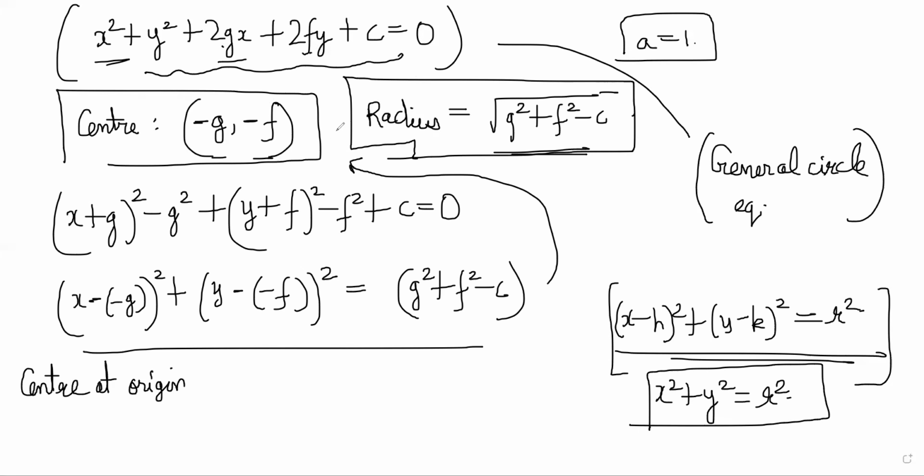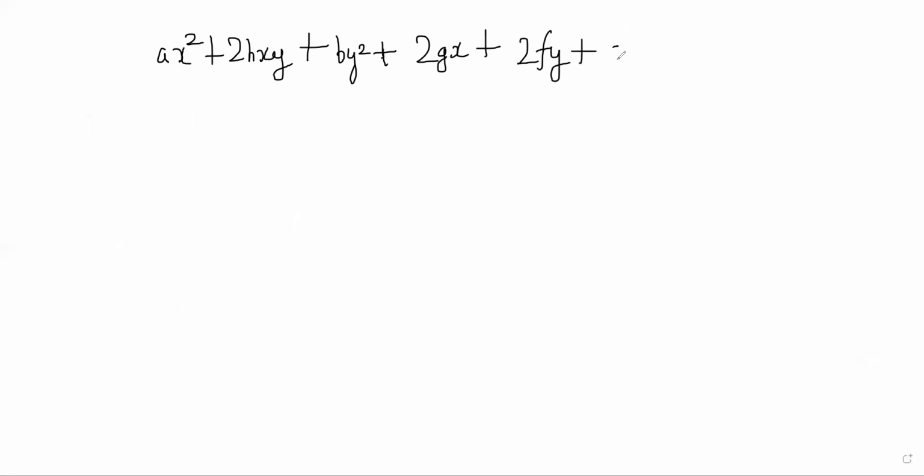So far today, what we have seen is that this general equation can become two things: a pair of straight lines or a circle. And remember, we got the condition for it to be a pair of straight lines by solving for y as a quadratic, then saying that the thing inside the root should be a perfect square.